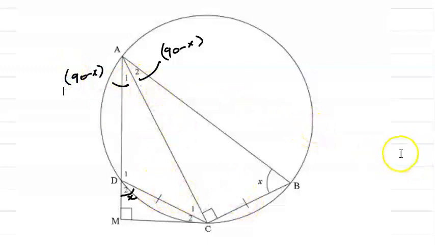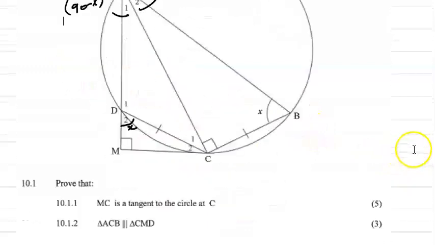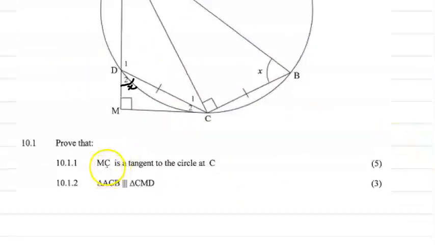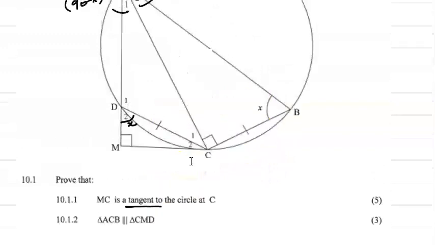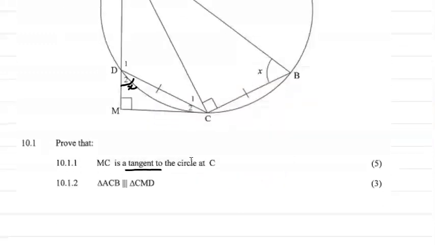Now, let's go and read the question. If you look very carefully, it says, prove that MC is a tangent to the circle at C. When you have to prove that a line is a tangent at a particular point to a circle, what we have to do is look at one of these ways of proving it.